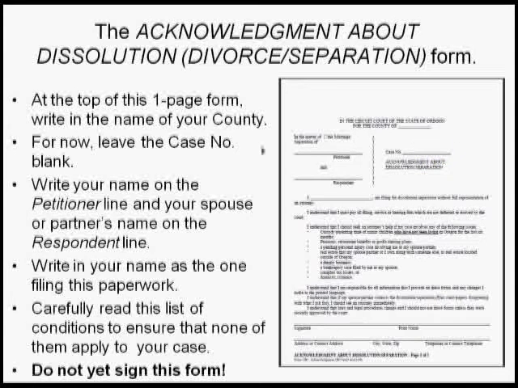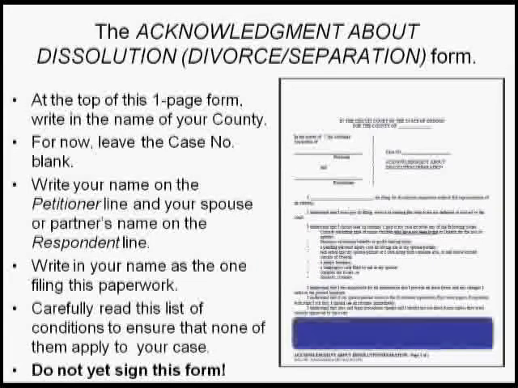Write your name on the petitioner line and your spouse or partner's name on the respondent line. Write in your name as the one filing this paperwork. Carefully read this list of conditions to ensure that none of them apply to your case. Do not yet sign this form.